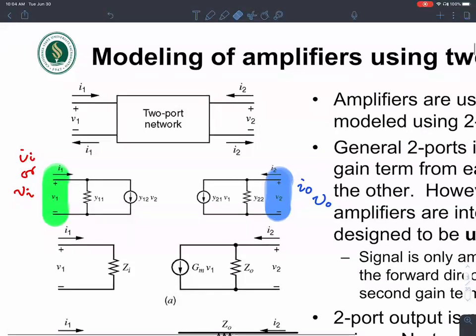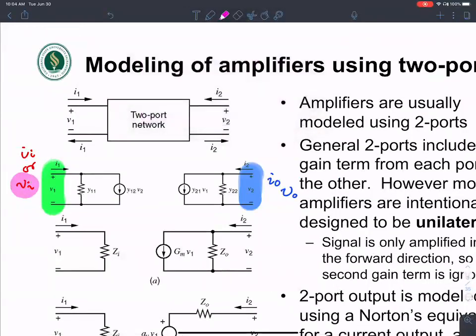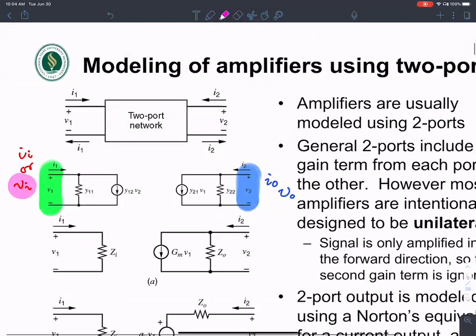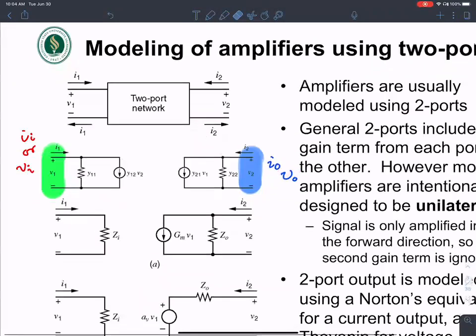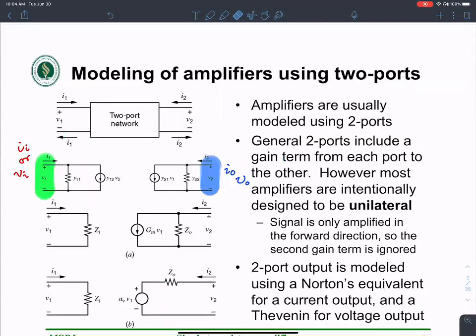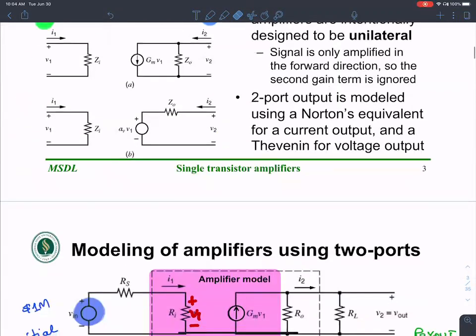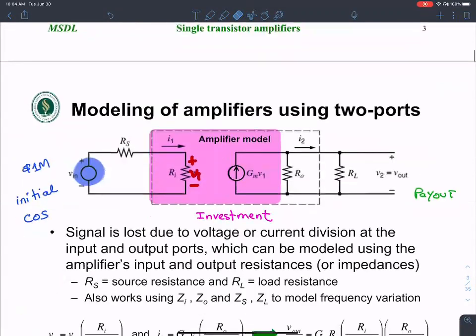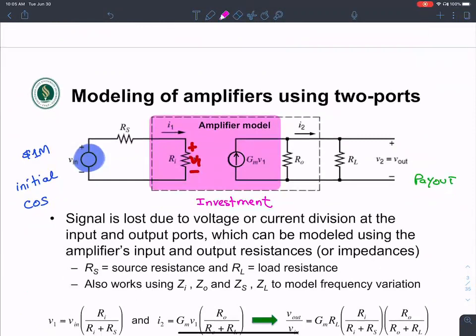If we have an input voltage and an output voltage, we have a voltage amplifier, and so on. Based on the combination of input and output variables that we choose, we can have four different kinds of amplifiers.